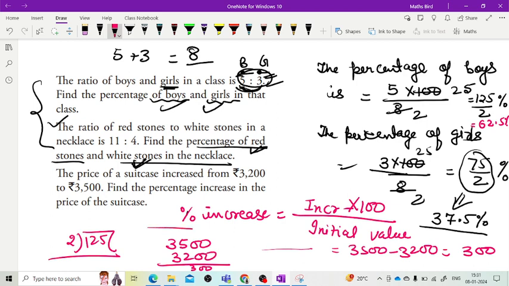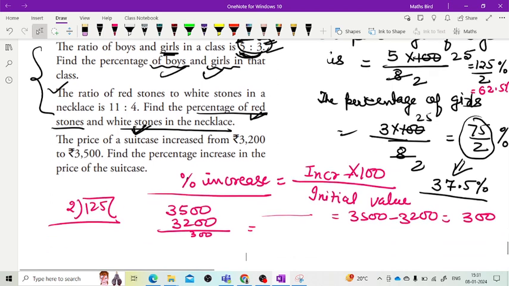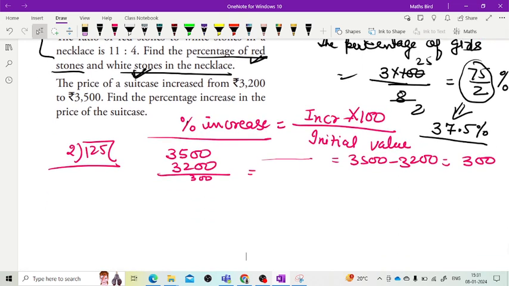Now you will write percent increase is equal to, because they are asking percent increase, no? So firstly you will write the formula, don't forget to write the formula.